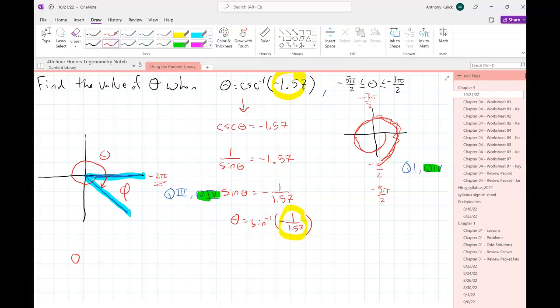So, oops. Instead of adding phi here, we're subtracting. Wait a minute. Is that what I wanted? Yeah. Oh, no. We're adding phi.